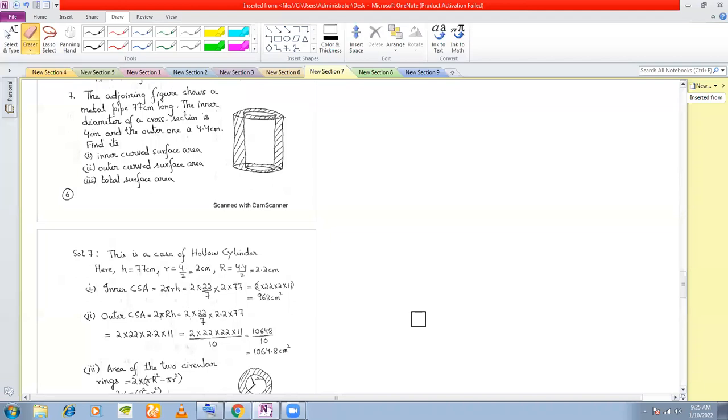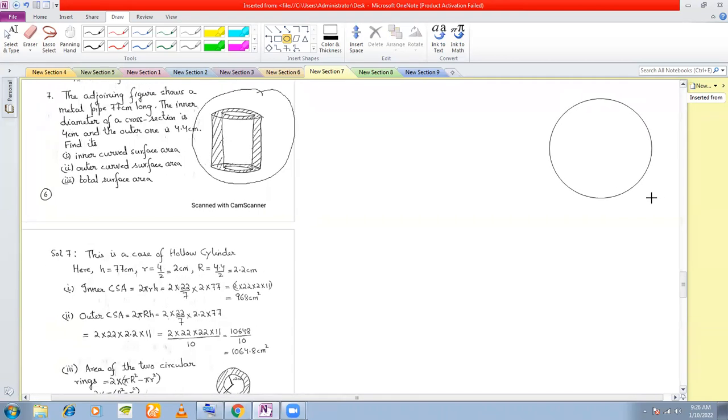So in case of a hollow cylinder, you will have an inner radius and an outer radius. Okay, the hollow cylinder, if you see, will look something like this that I have drawn. And moreover, if you look at the cylinder from the top, you'll see two concentric circles, right?